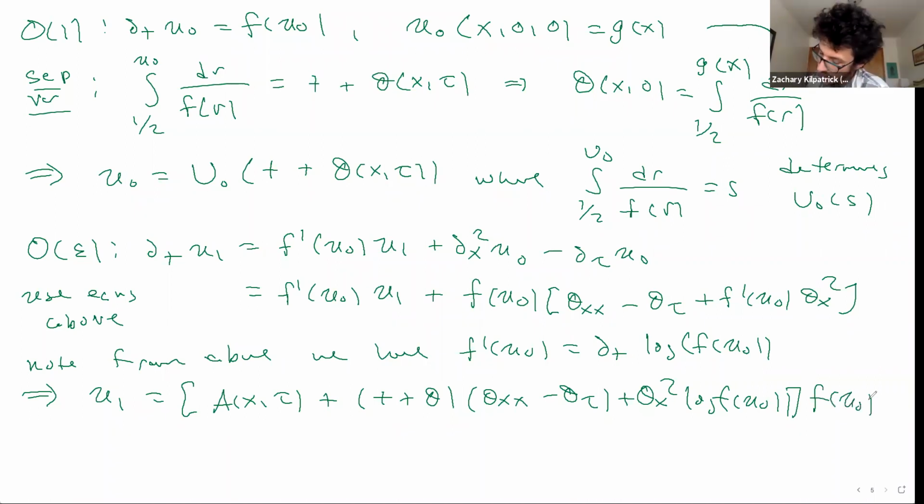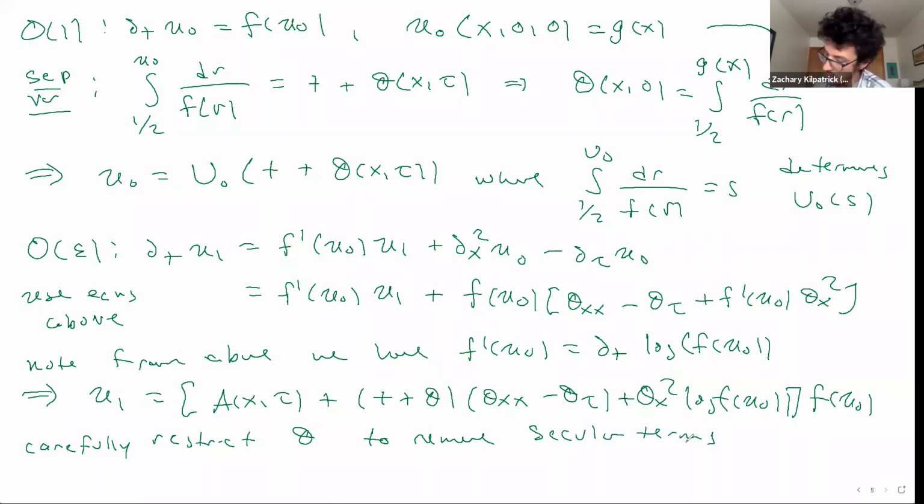And now the way that we restrict secular terms is that we look at this expression for u1 and pick out the terms that we don't want to grow large over time. So we have to carefully restrict theta to remove our secular terms.